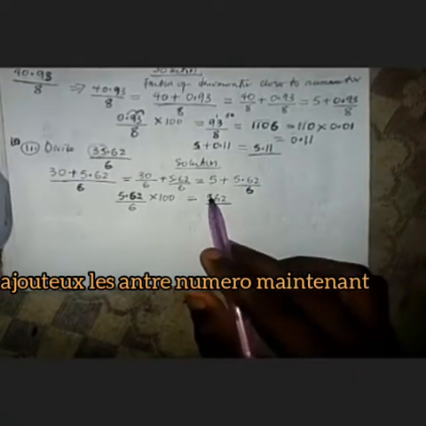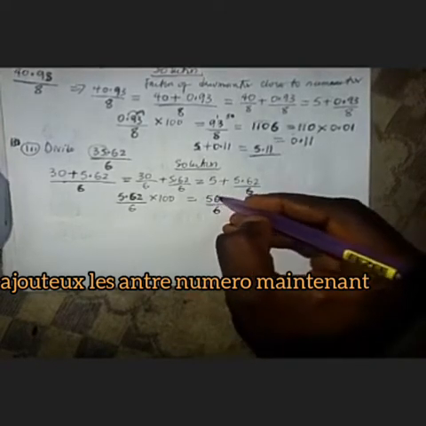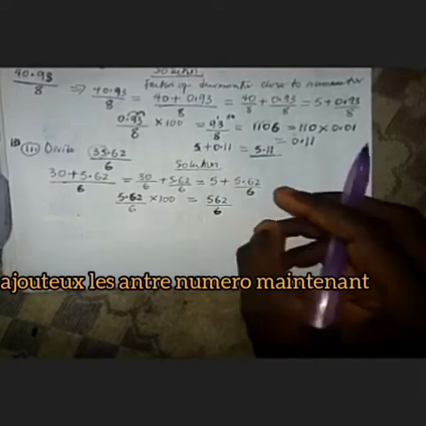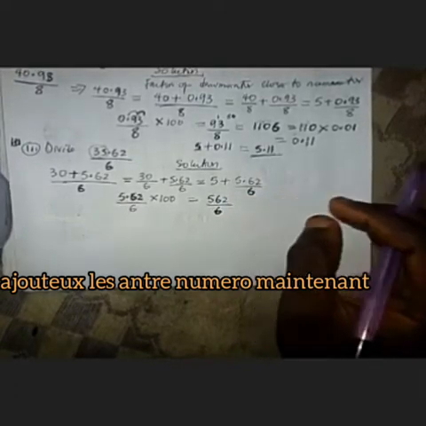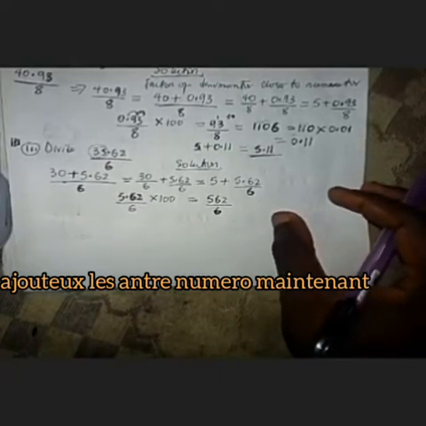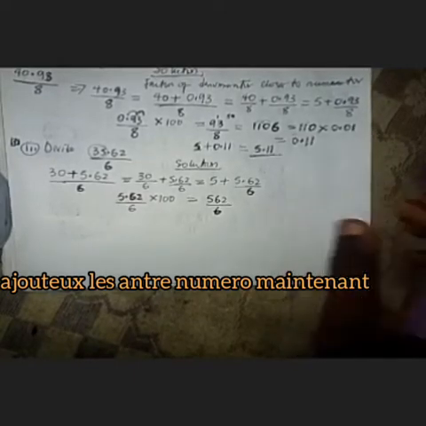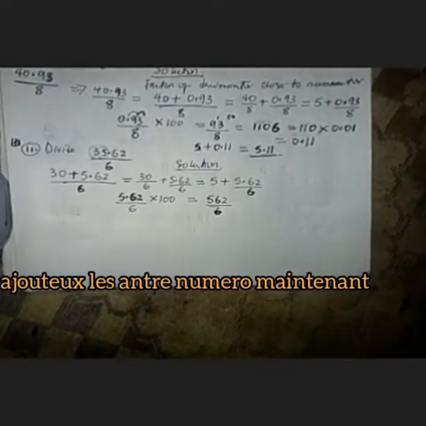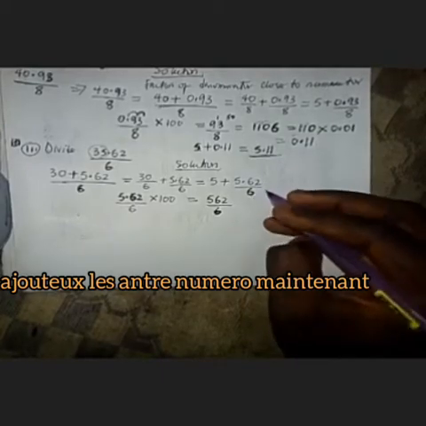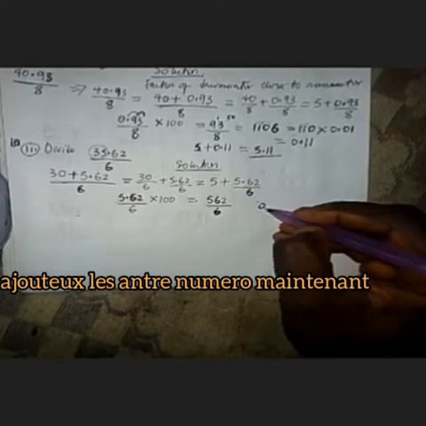So 5 divided by 6 is not possible, so 56 divided by 6. 6 times 10 is 60. 6 times 9 is 54. So 56, that will be 9, remainder 2.